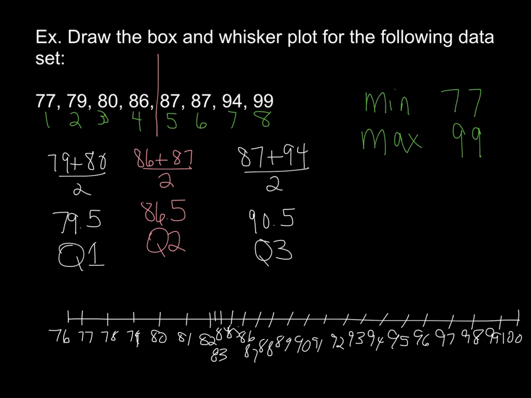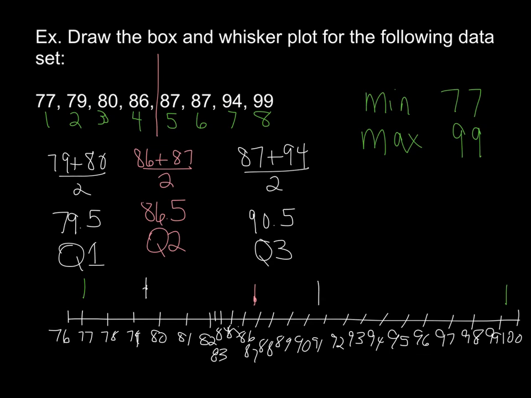But I'm going to go ahead and draw a line at 77 for my minimum and a line at 99 for my maximum. Then I'm going to put in at 86.5, I'm going to draw a line there because that's my Q2. And then at 79.5, I'll draw a line there, and at 90.5, a line there.